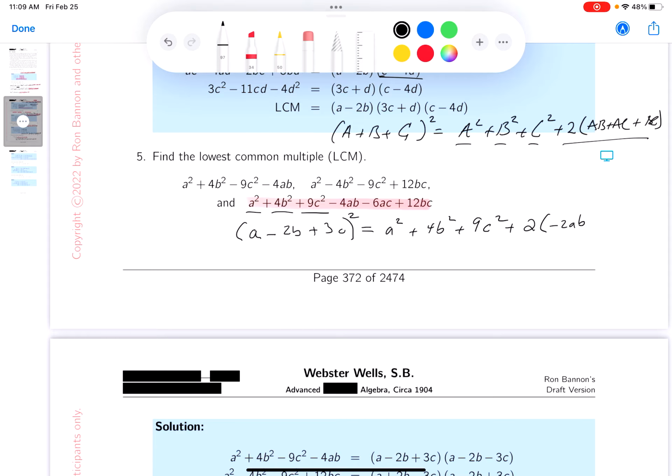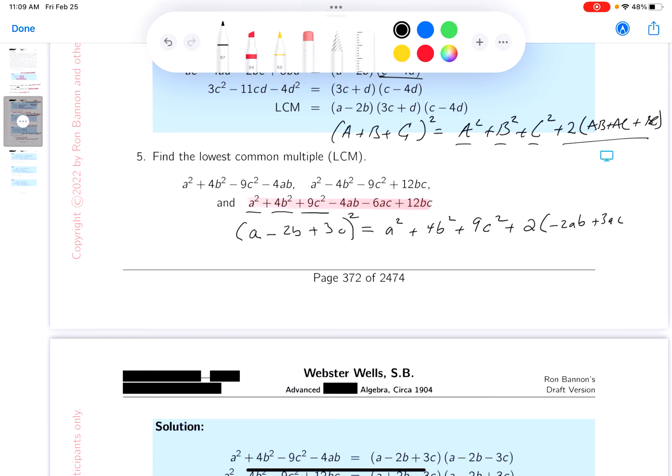And then it's going to be plus 3AC. And let's see what I get next. Well, I'm not getting what I want. So I've got to revise it, all right?